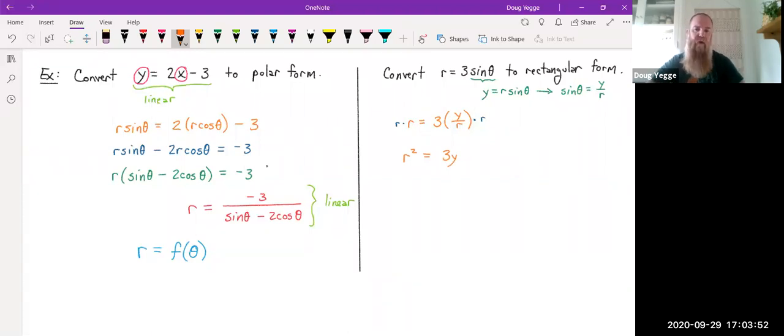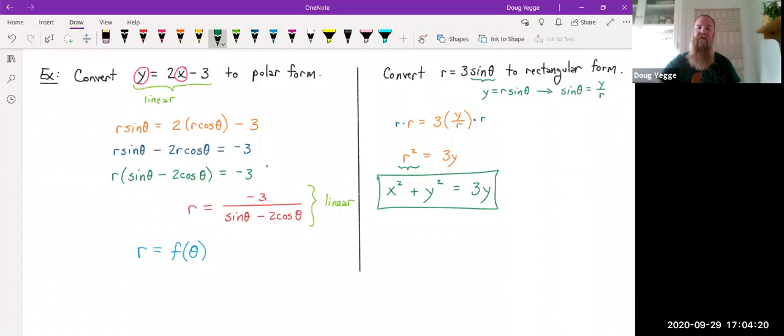Which is, again, not quite done because I'm supposed to be having all x's and y's without any r's or thetas. So this is where we can now take my value for r squared and rewrite it as x squared plus y squared. And so we have that x squared plus y squared is equal to 3y, and this is now technically already my rectangular form.